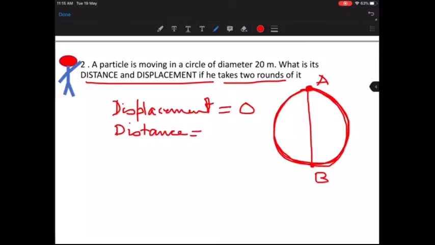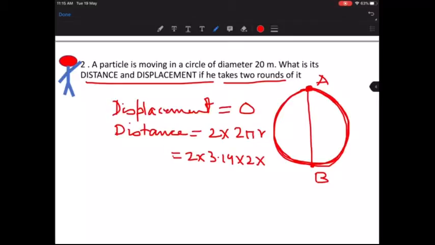What about distance? How will you calculate the distance? Distance will be 2 times the circumference of the circle. Right, so 2 into 2 pi r. 2 pi r is the circumference, so 2 into 2 pi r. So if you just substitute the value here, 2 into 3.14 into 2 multiplied by, what is your r?